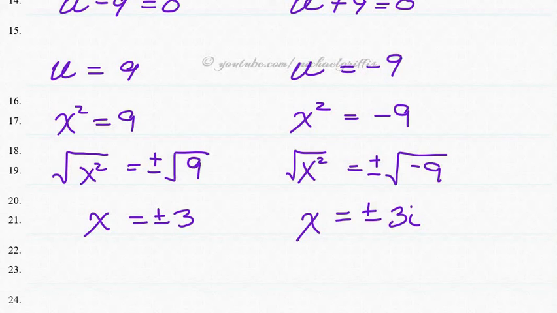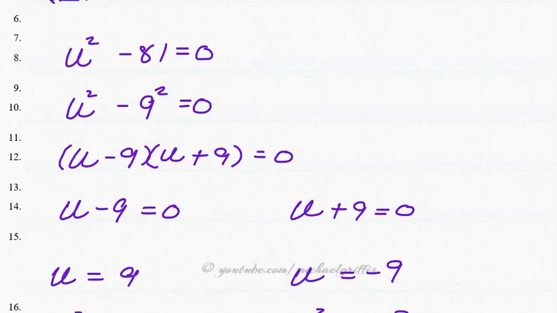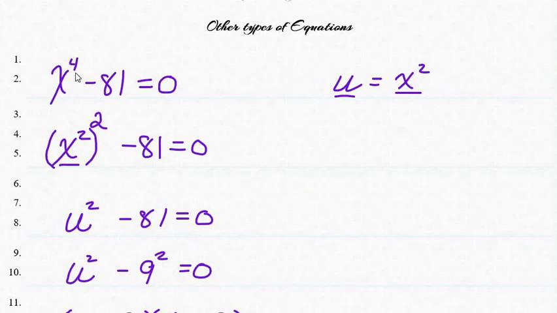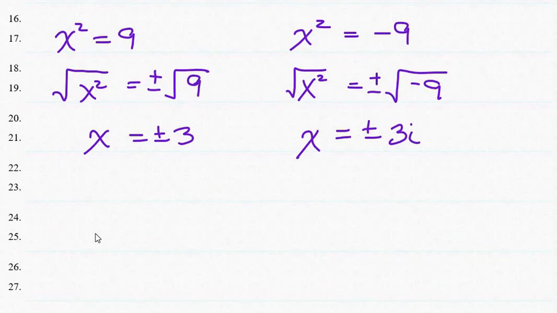So because, as I talked about in the last video, this is a 4th degree equation, there should be 4 solutions. All right, and there is. You have plus or minus 3 and plus or minus 3i. Right, you have a positive 3, a minus 3, a positive 3i, and a minus 3i. Okay.